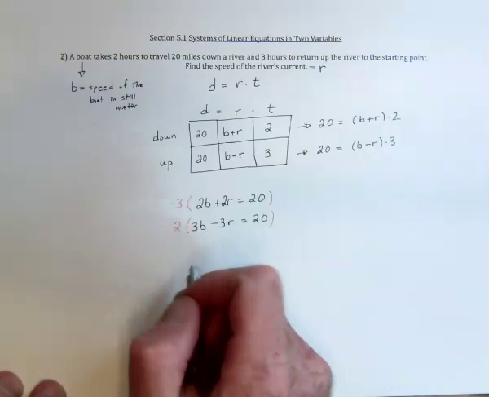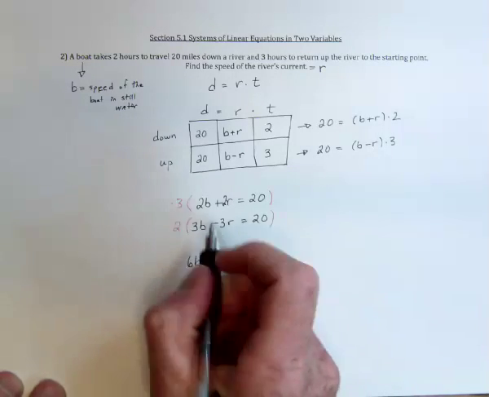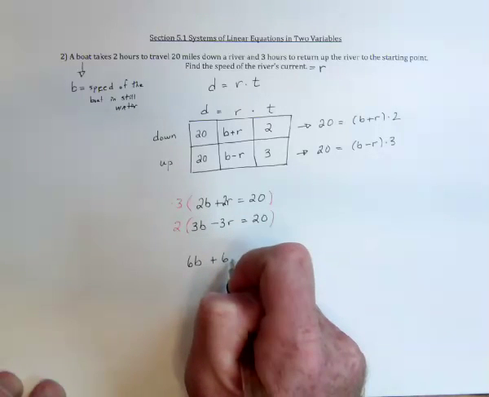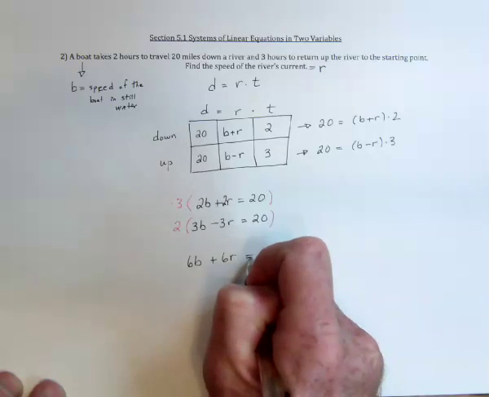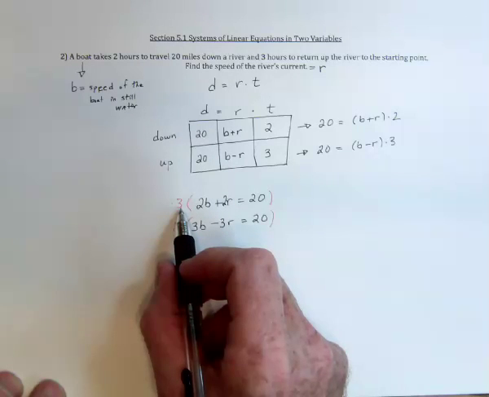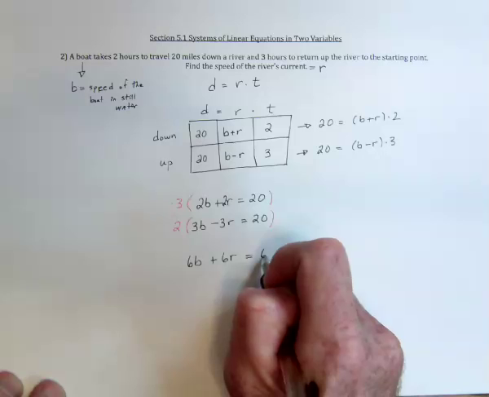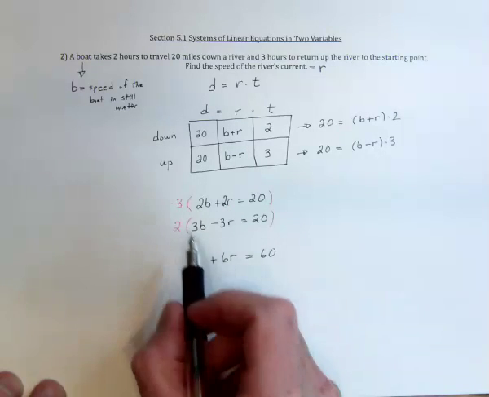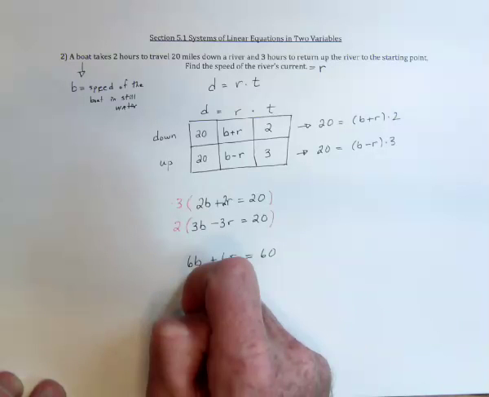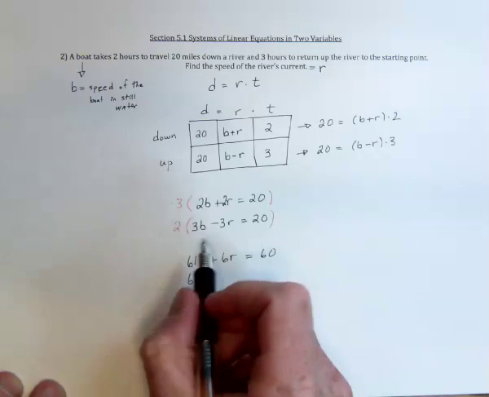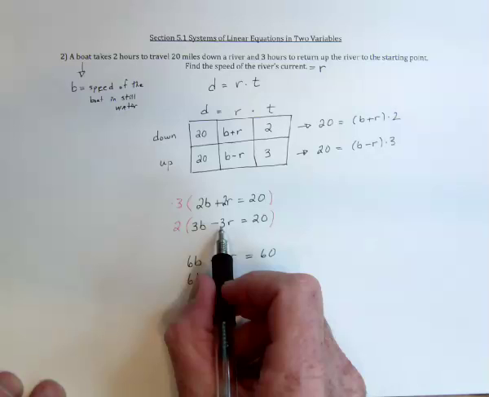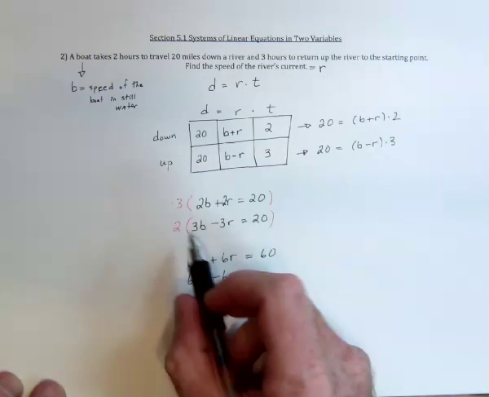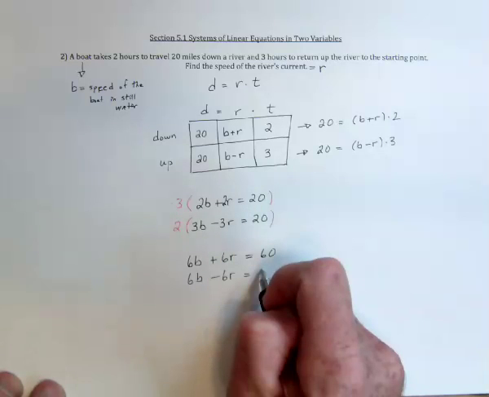So this will be a 6b, 3 times this will be positive 6r equals, and you need to distribute over here, 3 times 20 is 60. And then for the bottom equation, distribute the 2, so this is going to be a 6b, and then a negative 6r, and a 2 times 20 is 40.